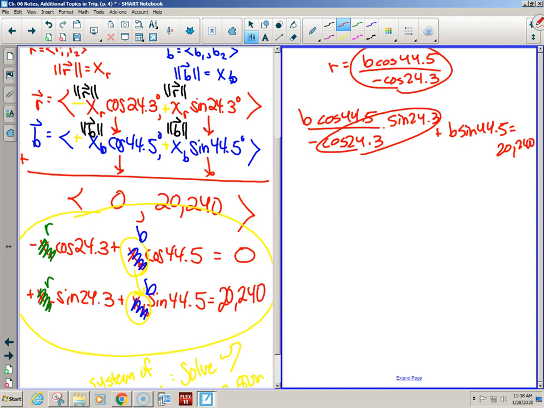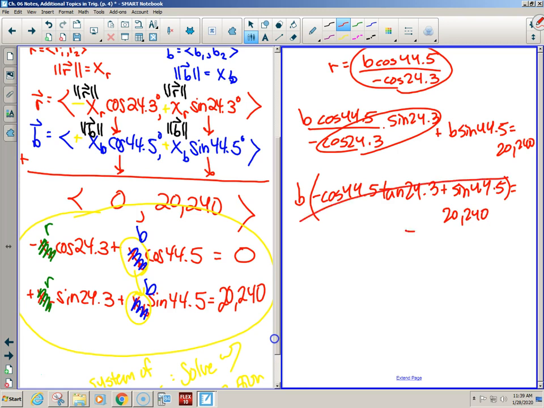Still haven't done any number crunching. I could go ahead and factor out a B, and I would have cosine of 44.5 tangent, well, that's a negative, positive over negative, tangent of 24.3 plus sine of 44.5 equals 20,240. I could divide all of that to the other side to solve.